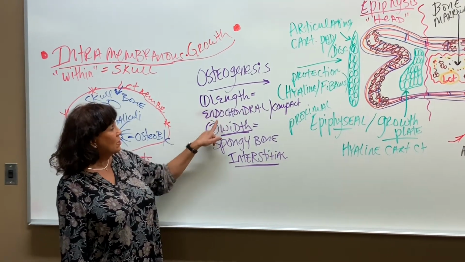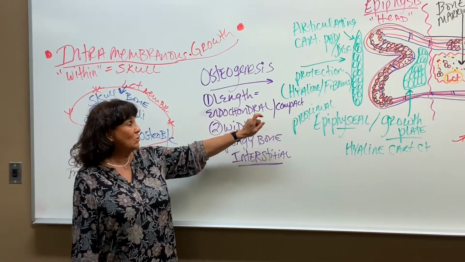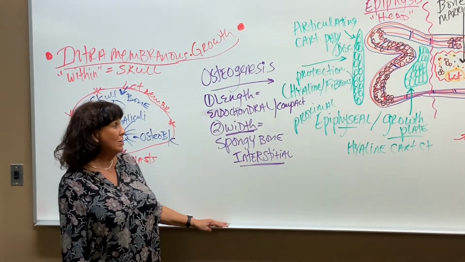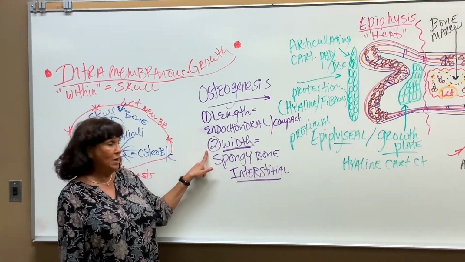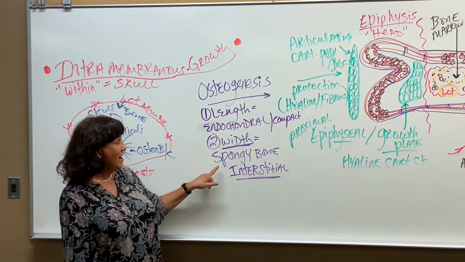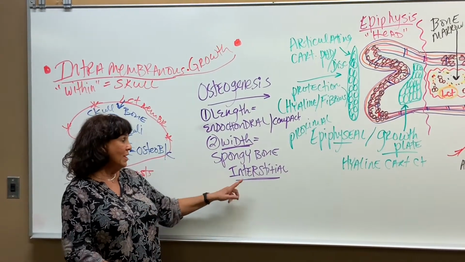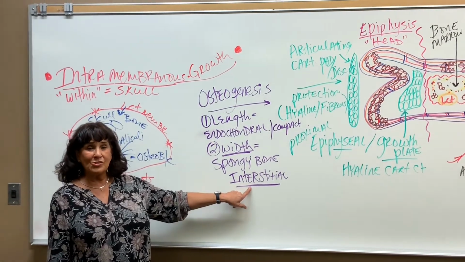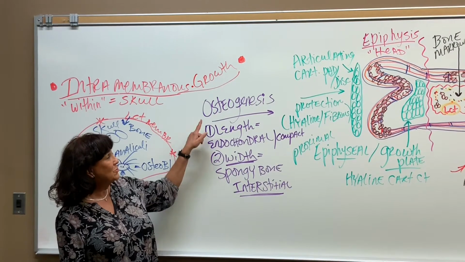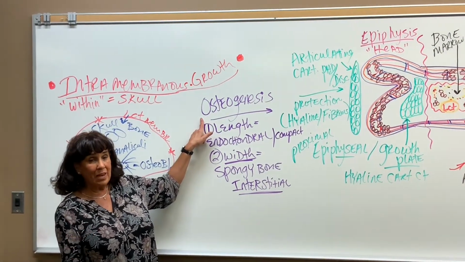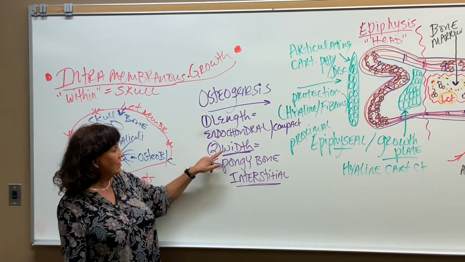And so it's called endochondral growth. And compact bone is going to do that for all your bones. And then to add width to all of your 90% bones, spongy bone, that's going to have spaces around it, this is called interstitial growth, just like we did in the cartilage. So osteogenesis, again, means to grow bone, and you got to add length, you got to add width.